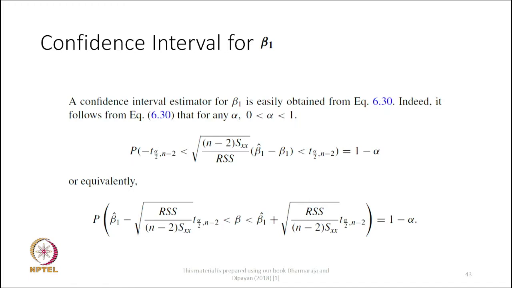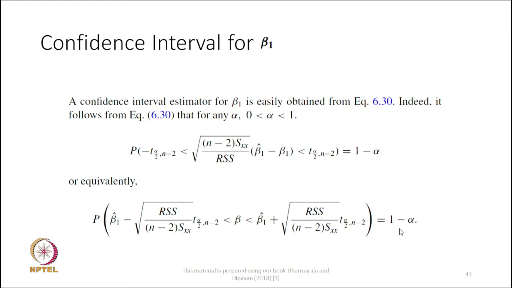We are interested in finding the interval estimator of beta 1. So, I think here there is a correction. It is beta 1 that is needed, a small correction. So, the probability of beta 1 lying between this interval is equal to 1 minus alpha.